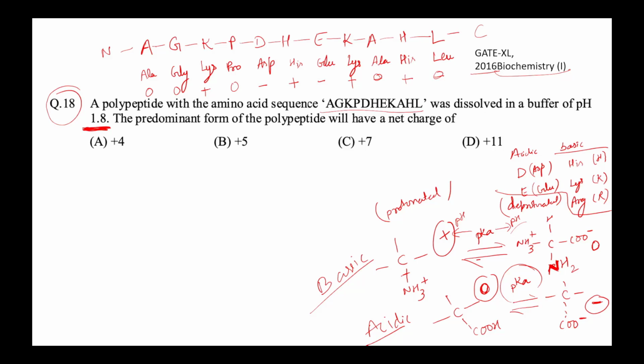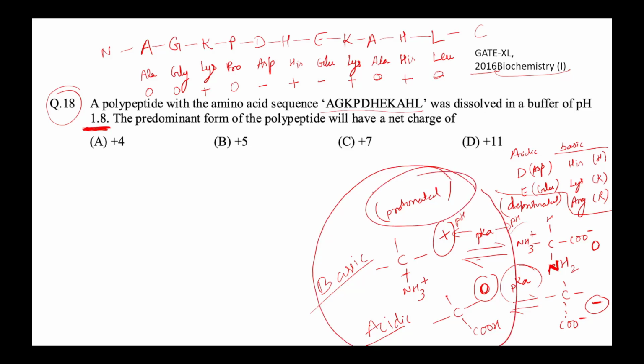The pH given here is very low, that is 1.8, far lower than their pKa values, so these amino acid side chains will be predominantly present in the protonated form.